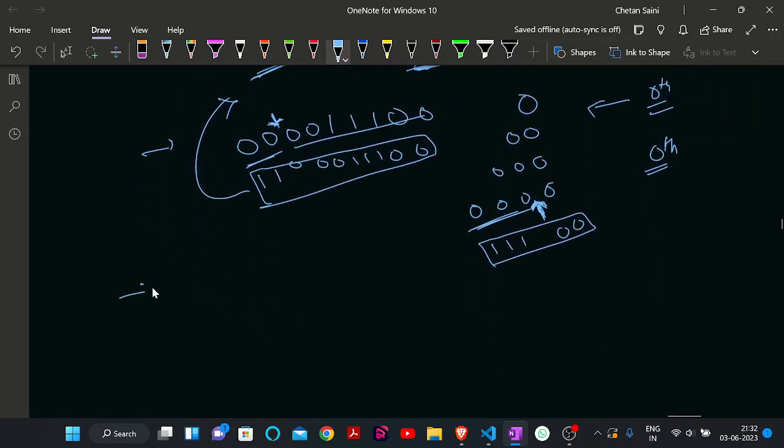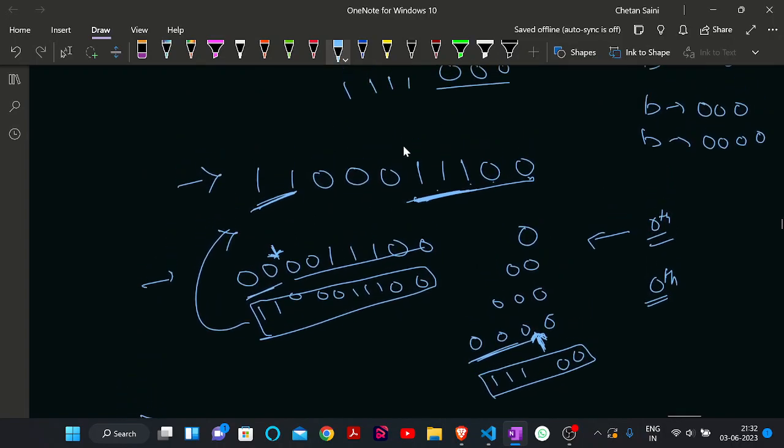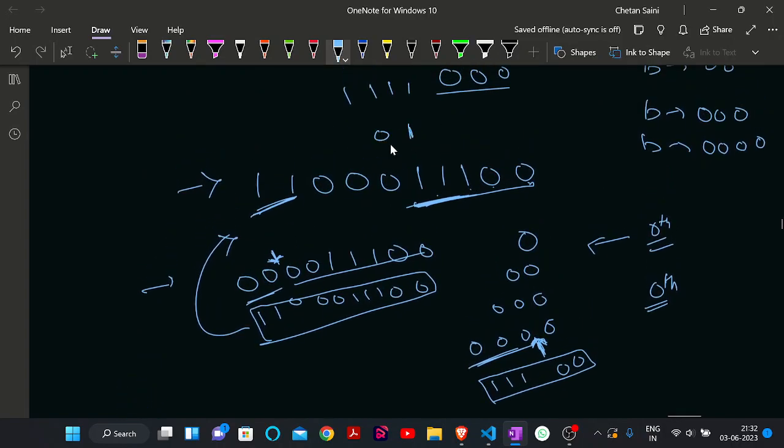So what is the general approach, like how are we going to perform this in the code? For that, what you need to do is, if anywhere you are getting this type of condition, 0 and 1, then you know this is the condition where I need to convert some zeros into some ones. For this one, you need to convert some zeros into some ones.